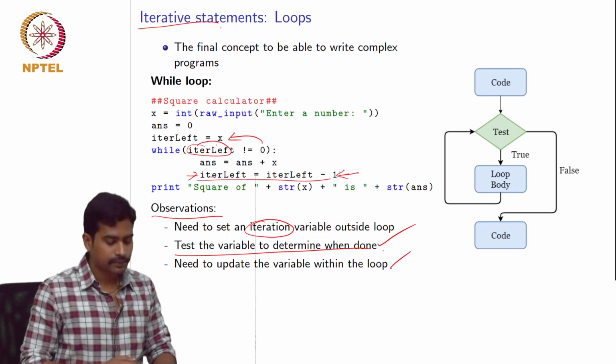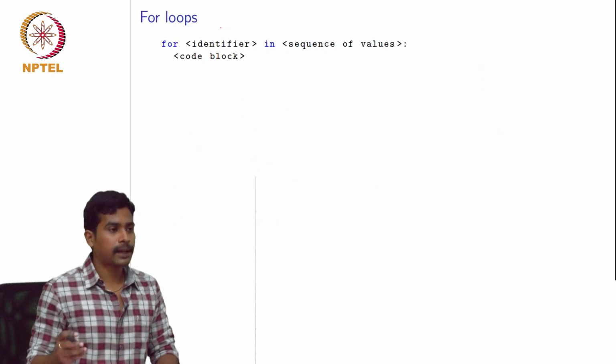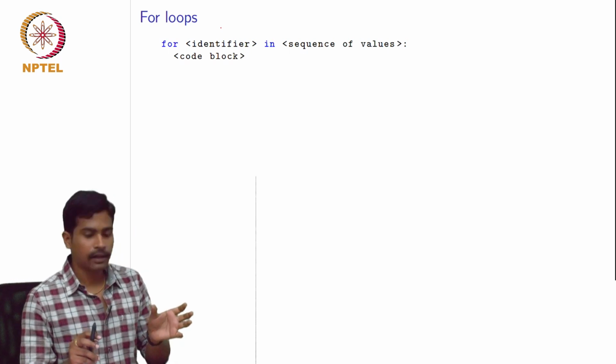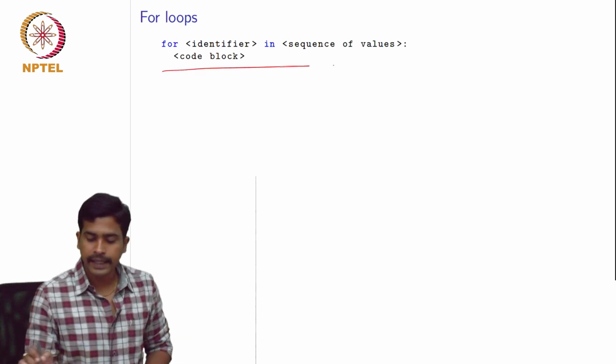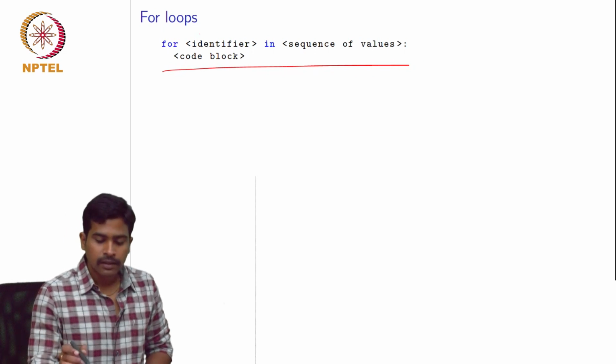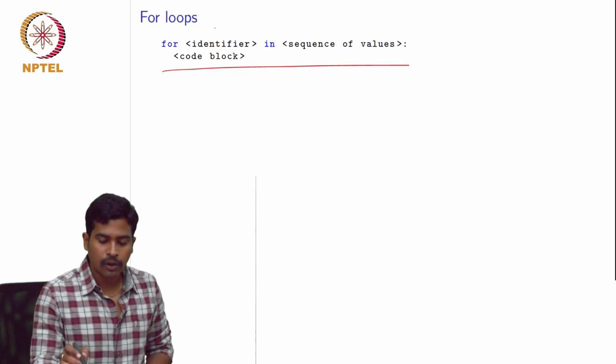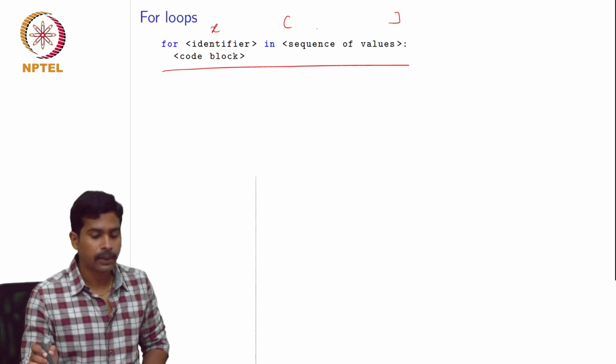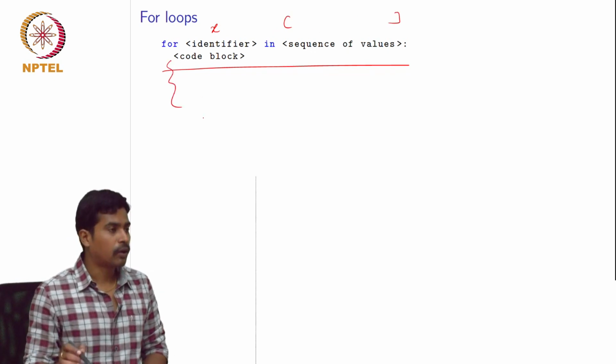The next type of iterative statement is a for loop. A for loop is a little different from while, and this is the syntax for using a for loop. For loop is followed by some variable name, and this should be in a series of sequences, followed by a block of code.